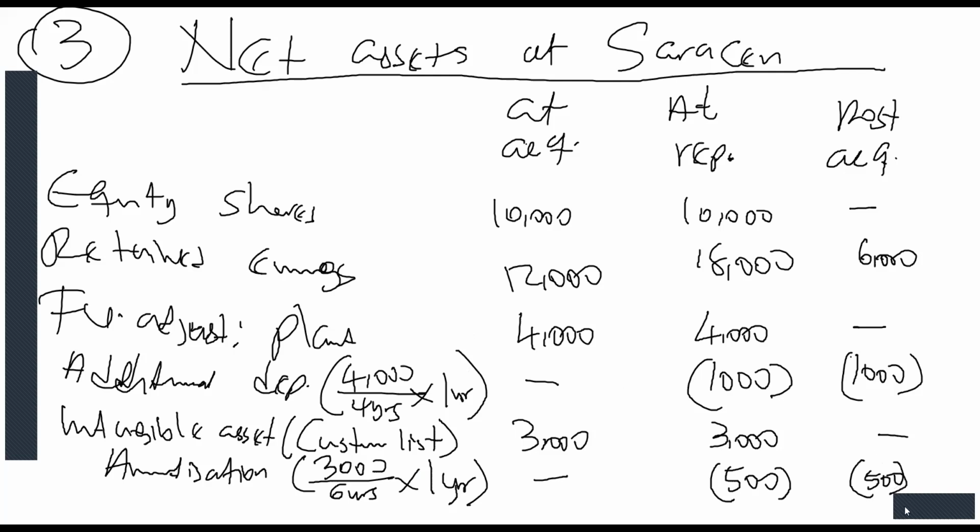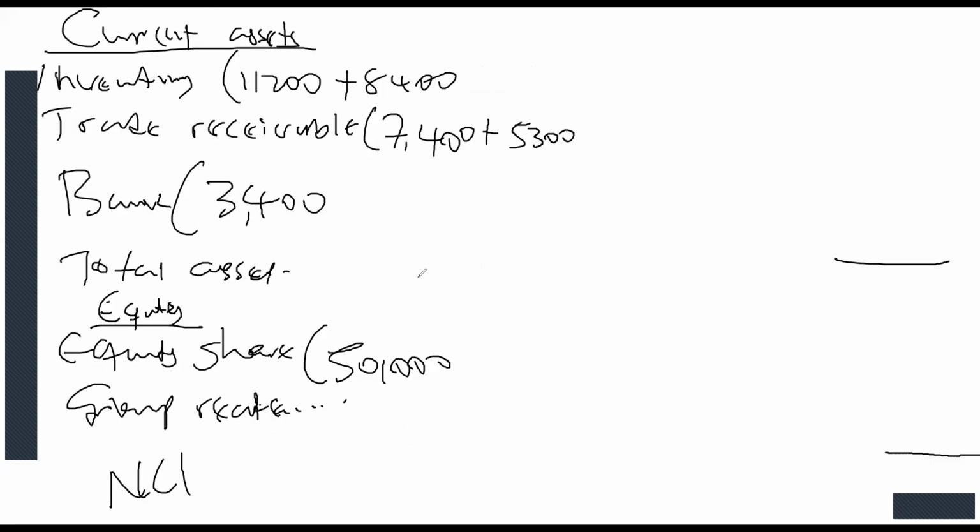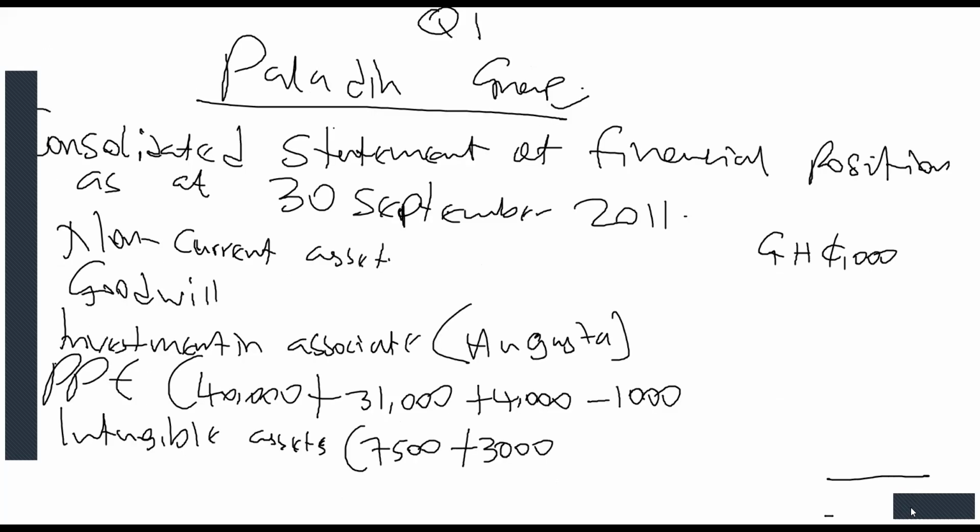Again, go to the face of the balance sheet. And on intangible assets, subtract 500 from it. That's all. So that is how you solve them.